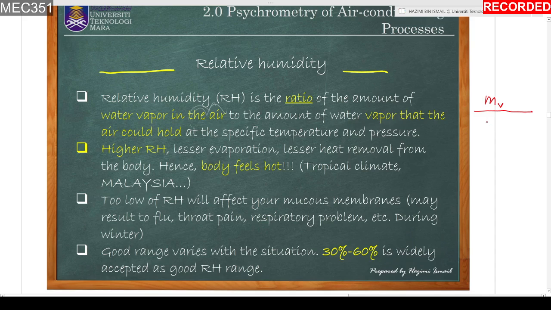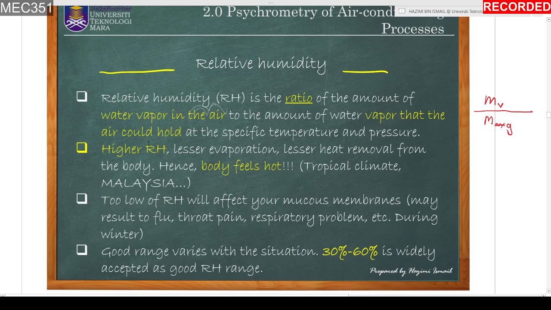Maksudnya berapa banyak udara yang boleh simpan air. So maximum lah kan. Contoh saya letak maximum, but we don't use the max symbol here. We use symbol g. Maksudnya vapor. Complete, 100% vapor. Kalau awak ingat dekat MEC 351 thermodynamics, g stands for vapor, symbol for vapor.